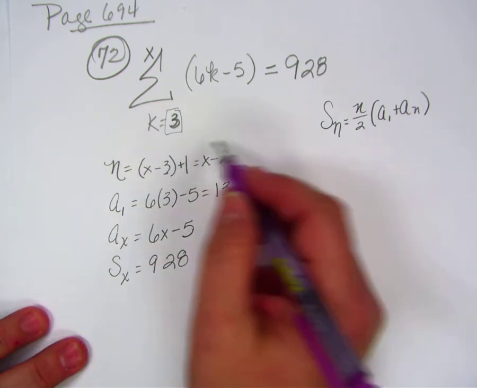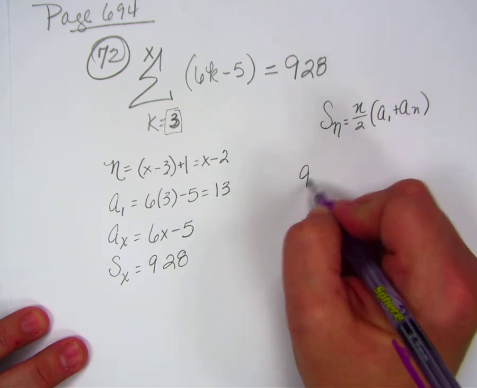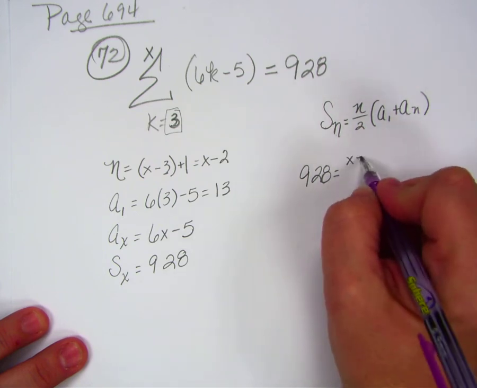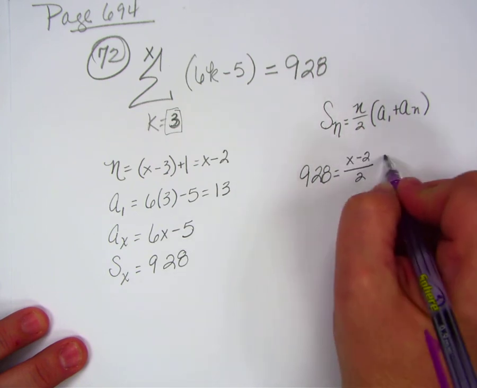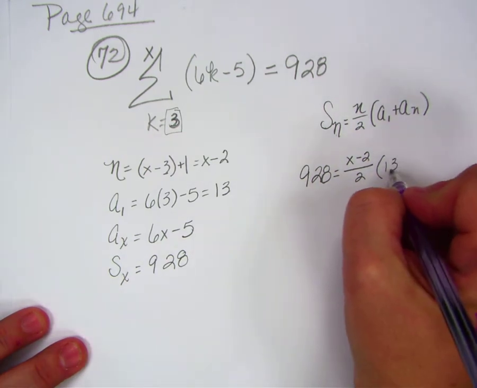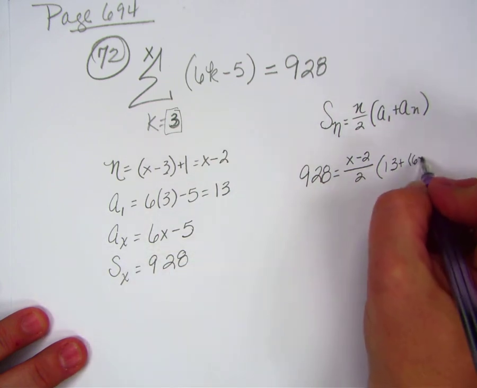So I'm going to use my formula. So the sum of those n terms is 928. I don't know n, but I know it's x minus 2 divided by 2. The first term is 13. The x term is 6x minus 5.